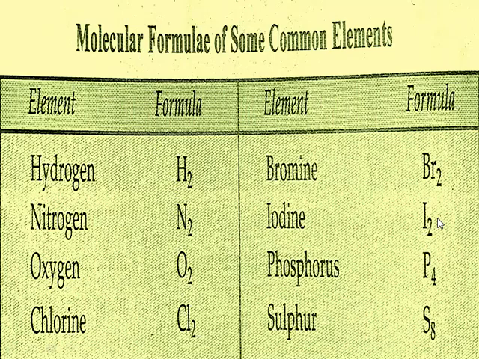The atomicity is 4 as phosphorus has 4 atoms in its molecule and therefore is an example of a polyatomic molecule. The atomicity of a molecule of sulfur is 8 as 8 atoms are present in a molecule. It is also an example of a polyatomic molecule.